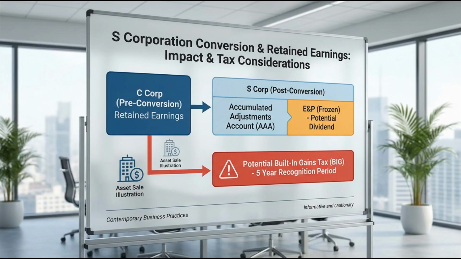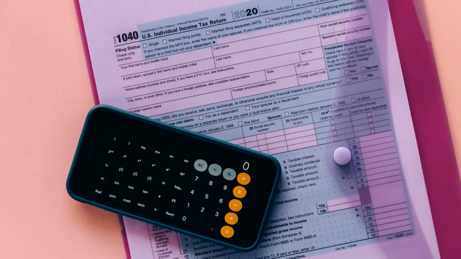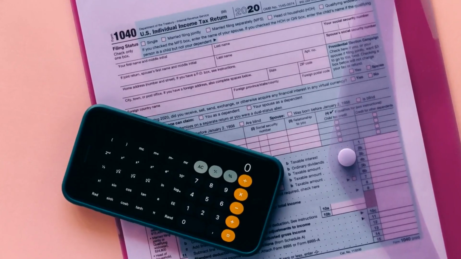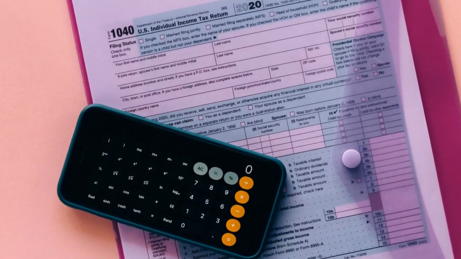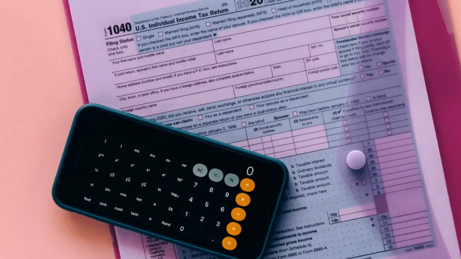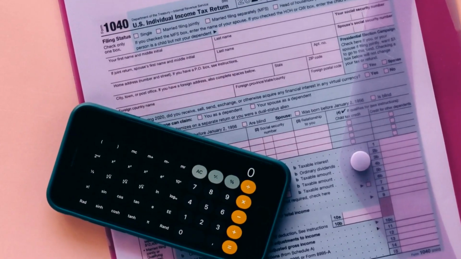The conversion process affects how retained earnings are taxed and distributed, with accumulated earnings from the C corporation period potentially subject to built-in gains tax if assets are sold after conversion. Passive income from C corporation era retained earnings can trigger termination of S corporation status if limits are exceeded.